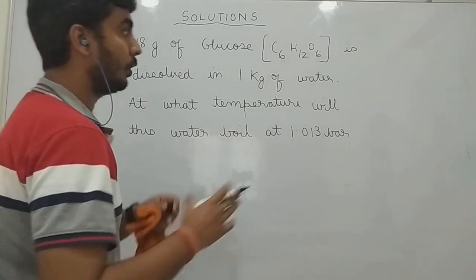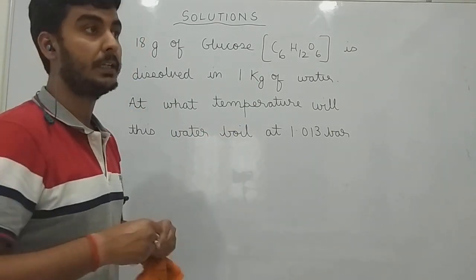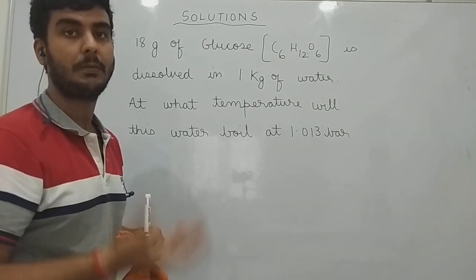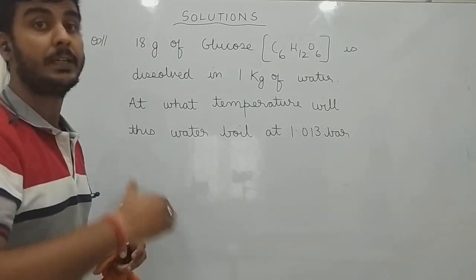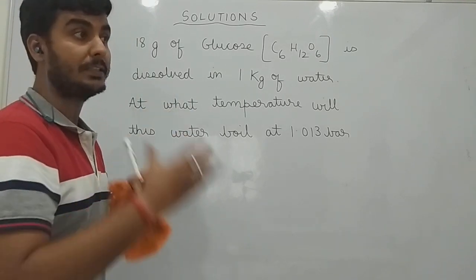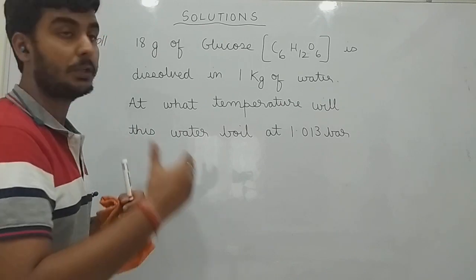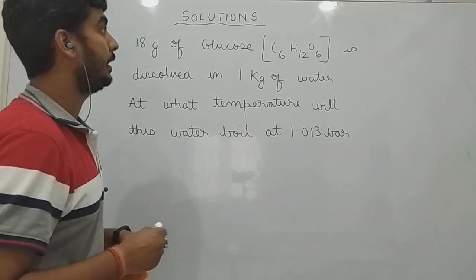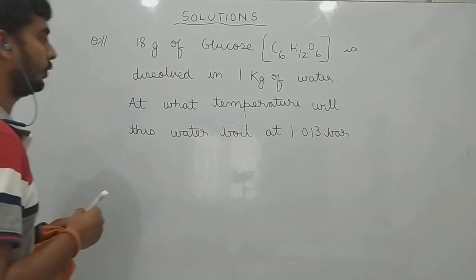After dissolving glucose in water, there will be an increase in boiling point. So it is asking what will be the new boiling point of the water after dissolving 18 gram of glucose in that 1 kg of water.